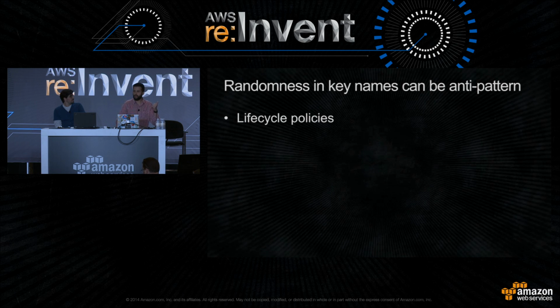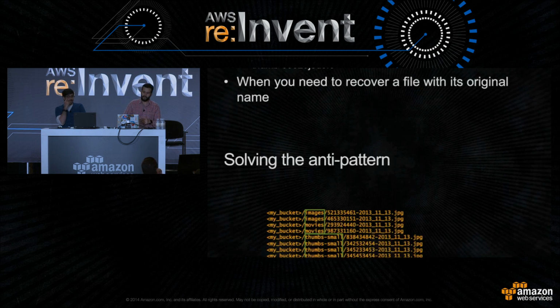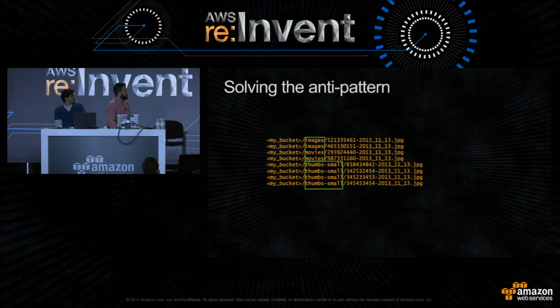When you have to resort to lifecycle policies, or list with prefix filters, or maintaining thumbnails of images, or when you need to recover a file with its original name, it can become a problem. But no problem, you're not alone in there. We have a solution for this. You can prepend to the object name what we call a folder.